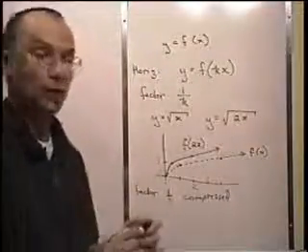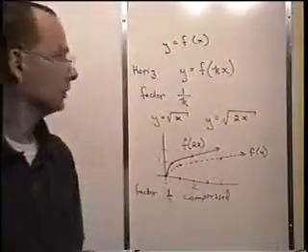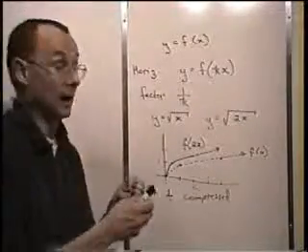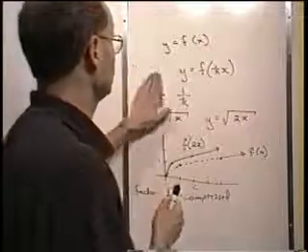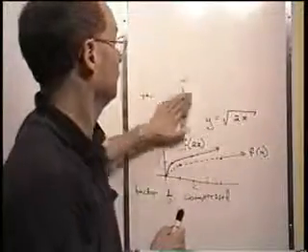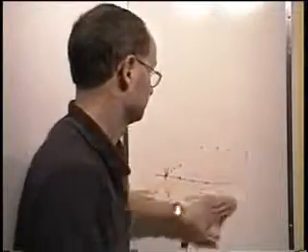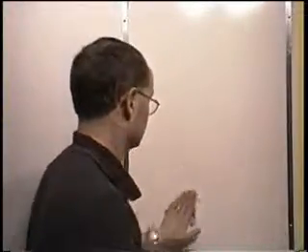And by the same token, let's have a look at a couple of algebraic analyses of some functions and how they would look. So I'm going to take a different function this time.